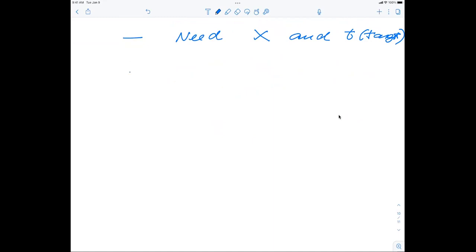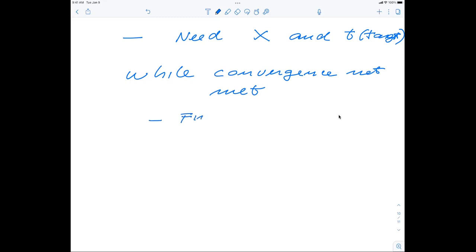So while the convergence criterion is not met, then we start the feed forward. That's the first part. So this is the first feed forward. And let's call this step 1. Feed forward.